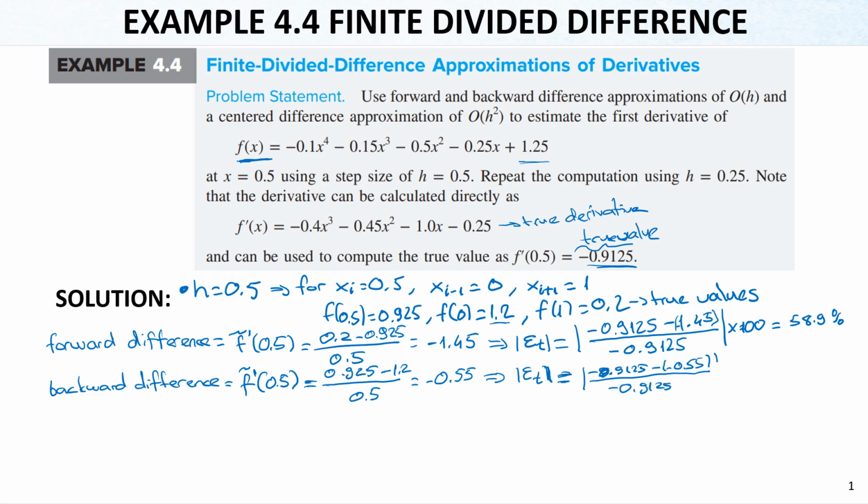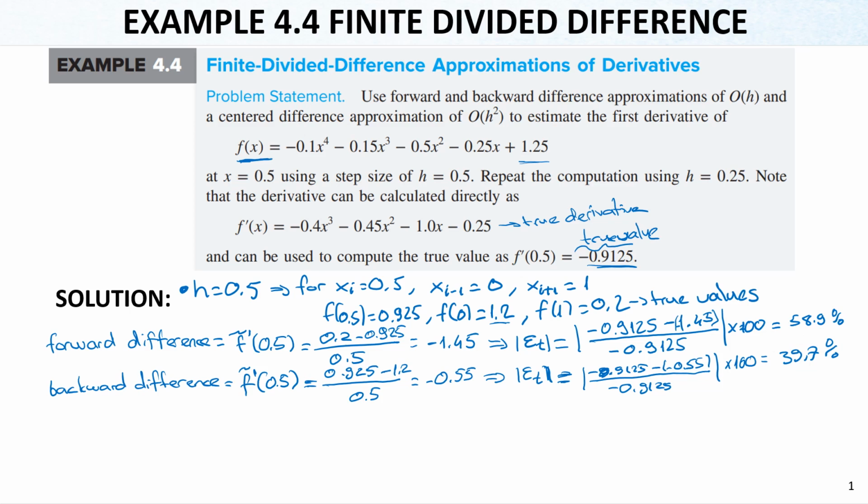The result should be the same, even though I made a mistake of sign. I calculated correctly, and the result here is 39.7%. Slightly better than the forward difference because it was 58, but both of them are big enough to say that these are not accurate.